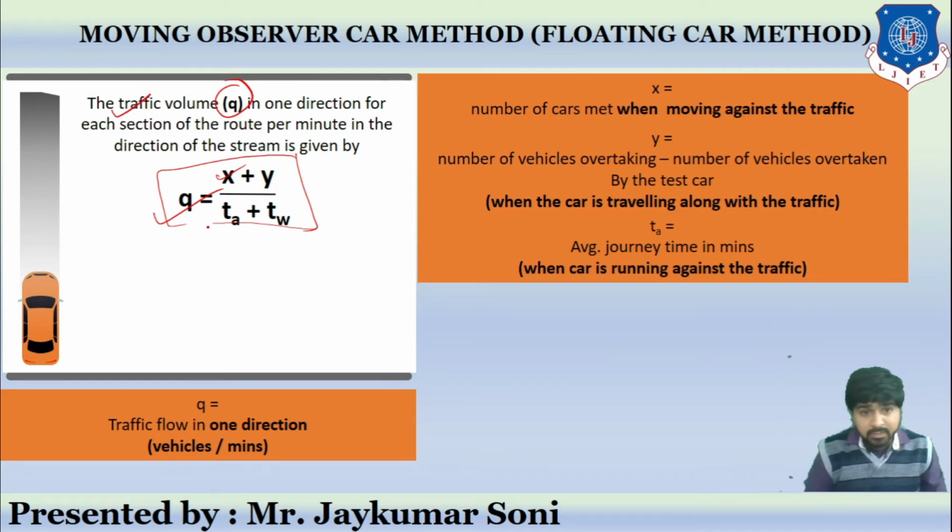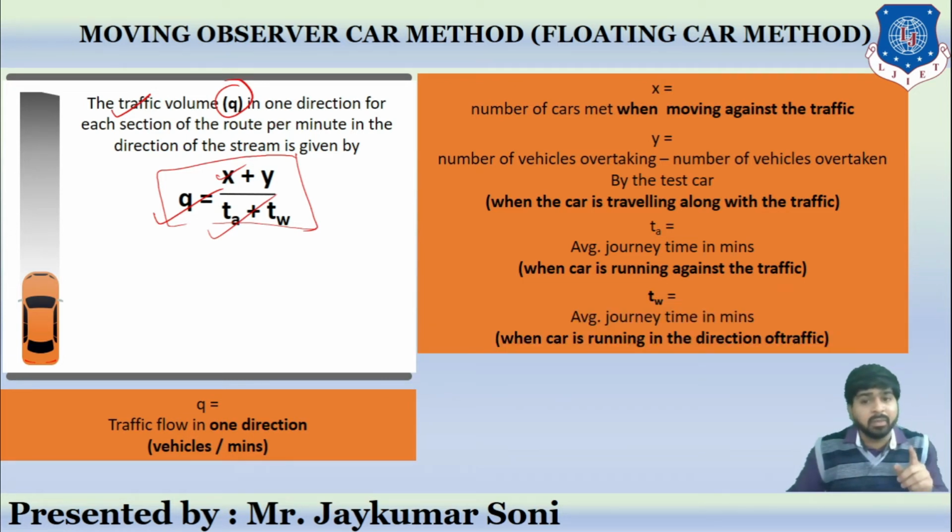TA stands for the average journey time when the car is running against the traffic, and TW is when the car is running in the direction of the traffic.